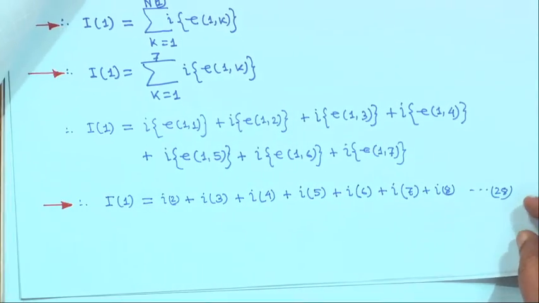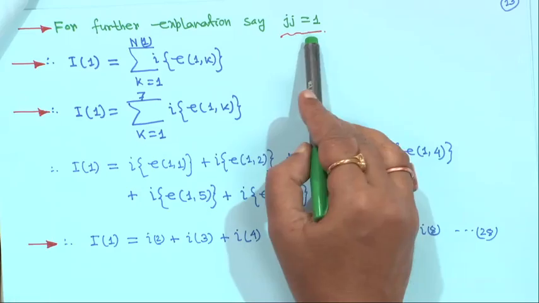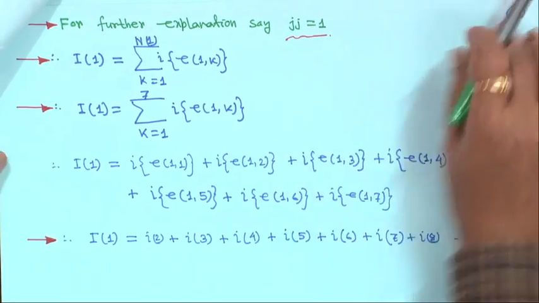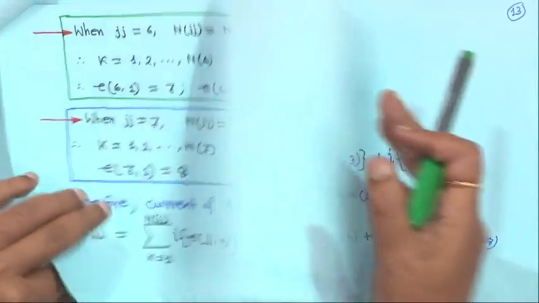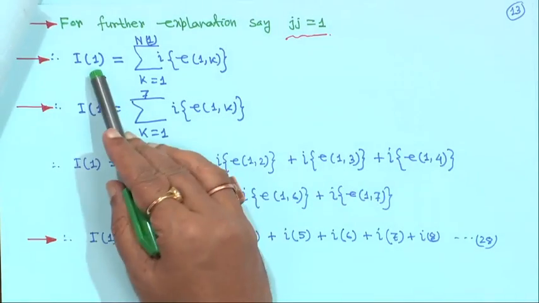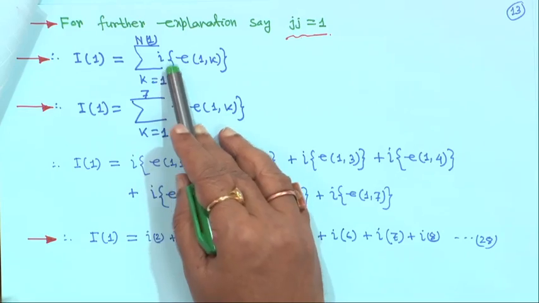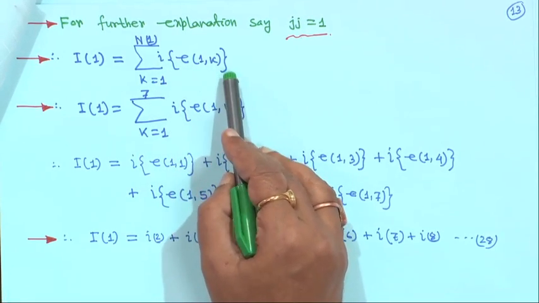How will it be done? For further explanation, I have made it again, right. Say jj is equal to 1, we have seen, then jj is equal to 1 means from equation 27, capital I1 is equal to sigma k is equal to 1 to N1, then I small I in brackets, E1k, right.